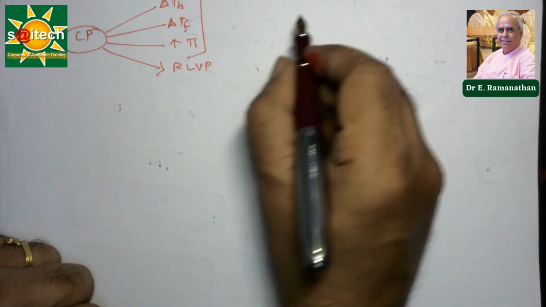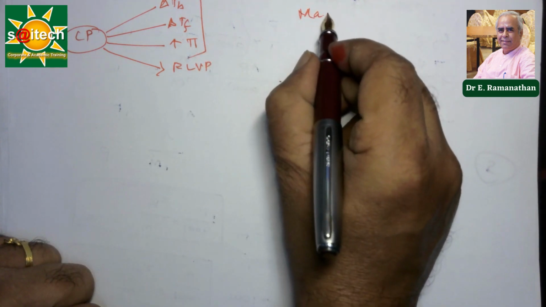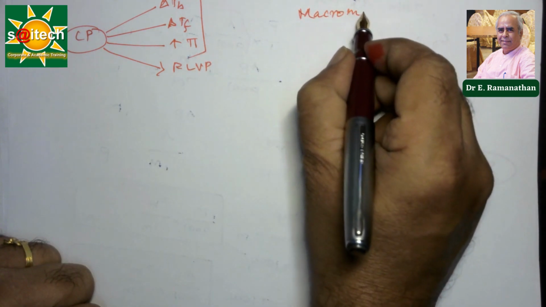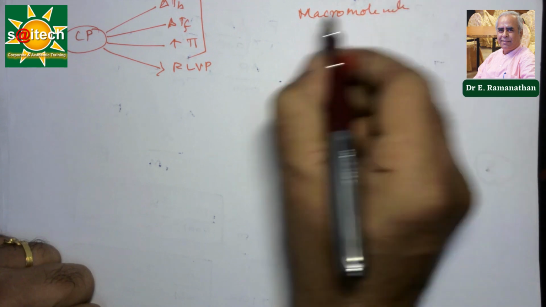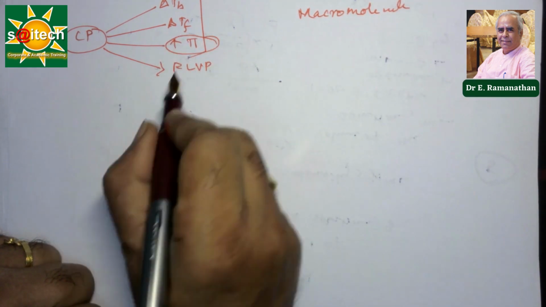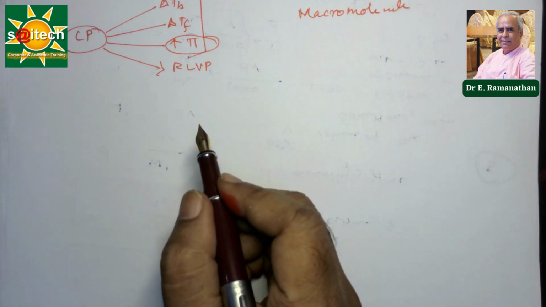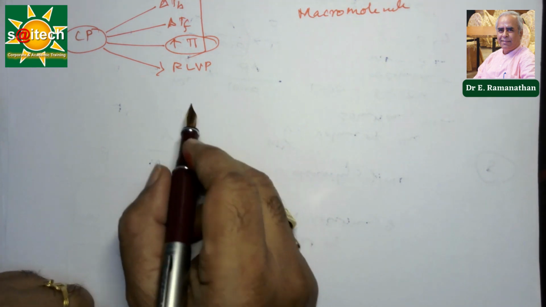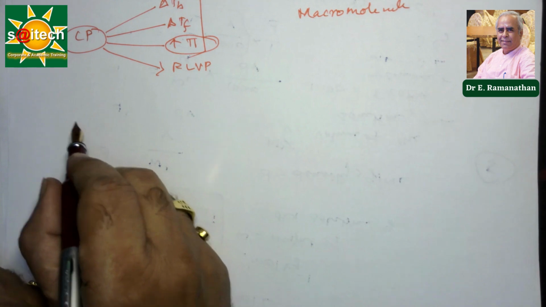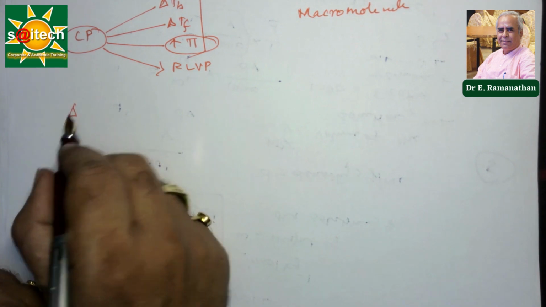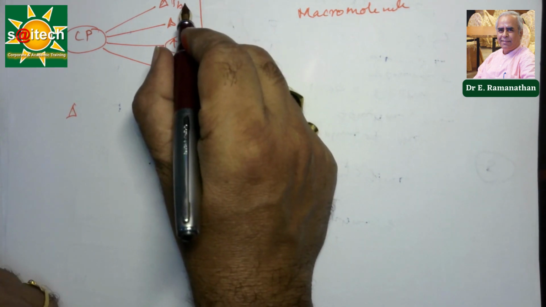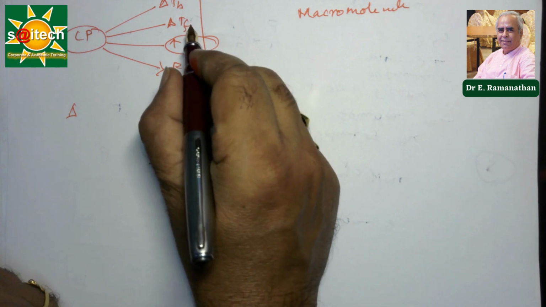But in the case of macromolecules, why is osmotic pressure specifically preferred to determine the molar mass? Let me explain. We will take either elevation of boiling point or depression of freezing point.